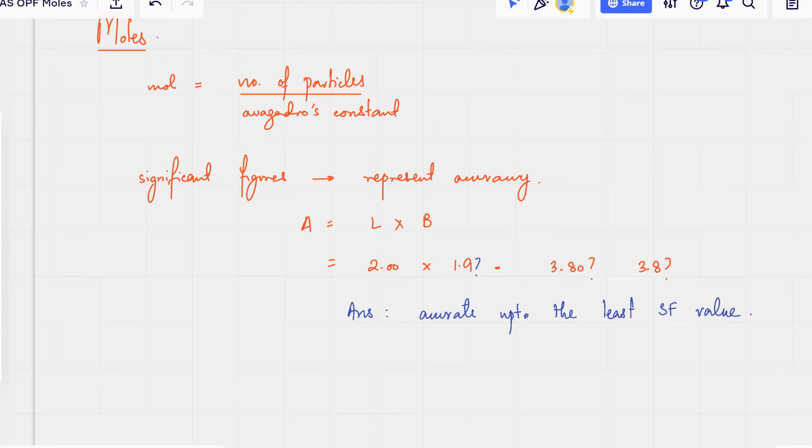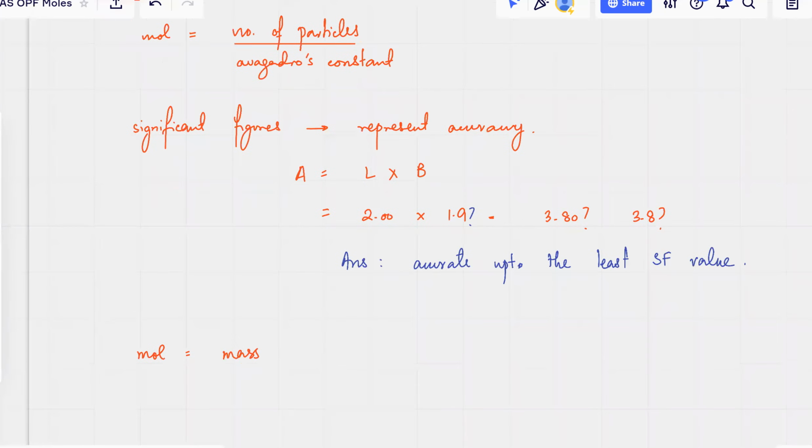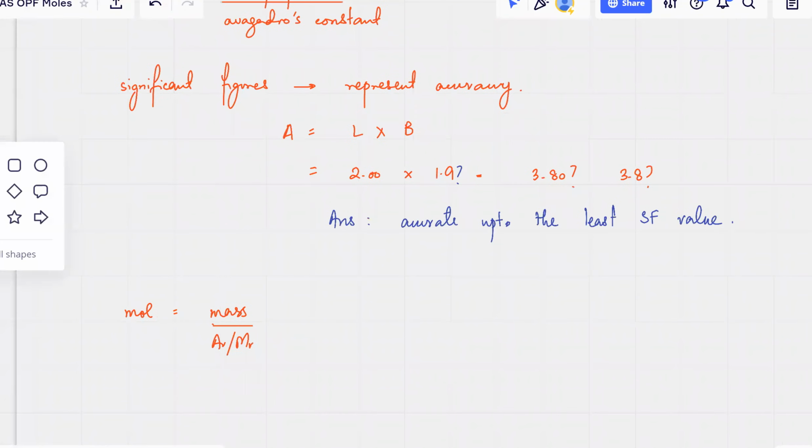The next formula was moles is equal to mass divided by the AR or MR, the molar mass. Most of you know what that is. You can also use ratios in this. That's your second formula.